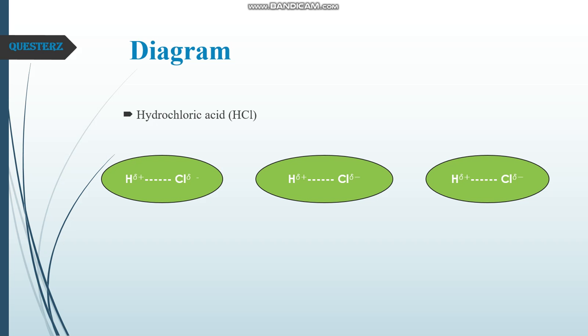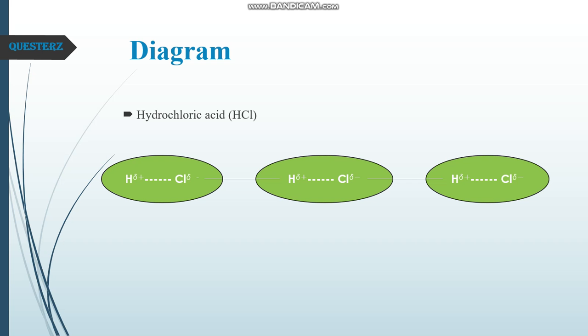In the diagram, hydrochloric acid HCl molecules are indicated in green color, H having positive charge and Cl having negative charge. The black line indicates the dipole-dipole interaction, connecting one molecule with another molecule. So two molecules connect with each other with the help of a force of attraction between the H positive of one molecule and the Cl negative of the other molecule.